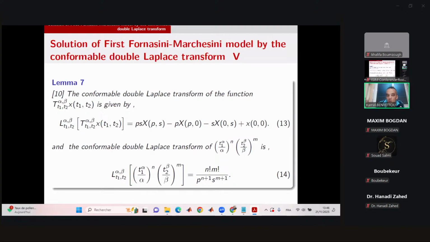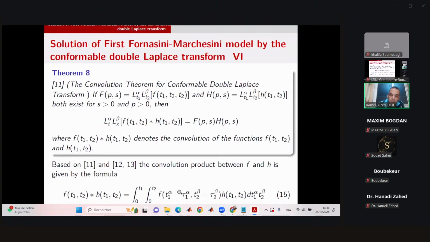For this, we must introduce this lemma, with the first equation and second properties. We also present the convolution theorem in the case of our fractional derivative. It is expressed by the following theorem and formula.